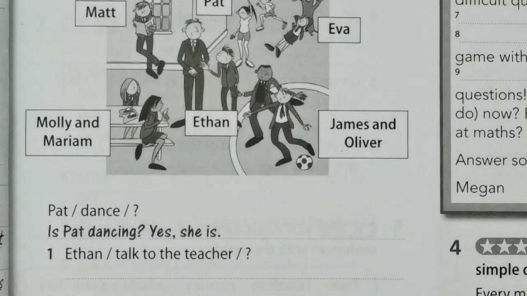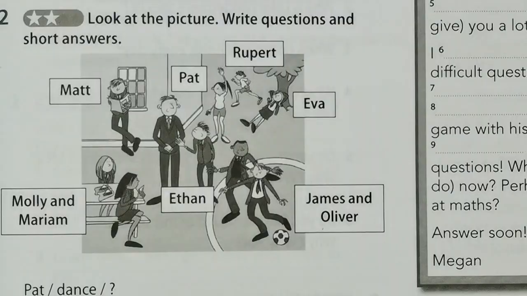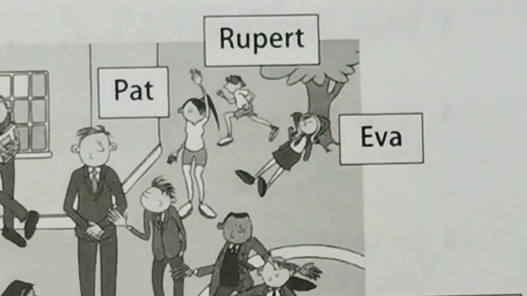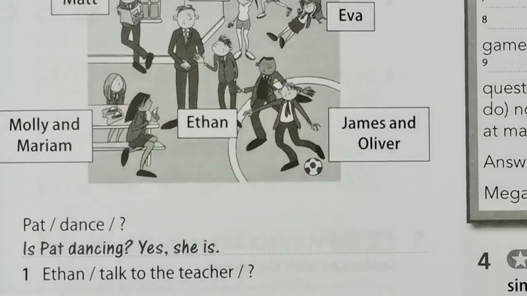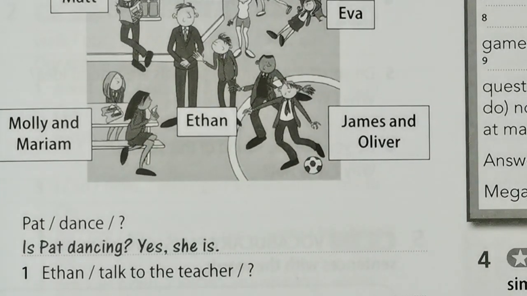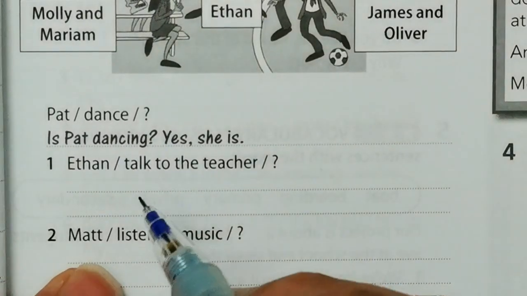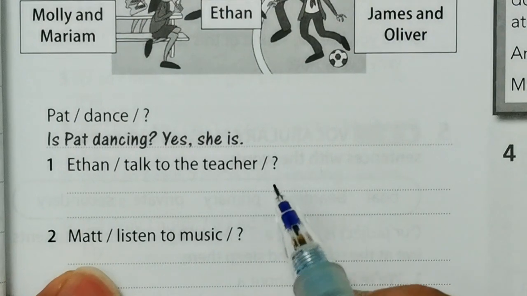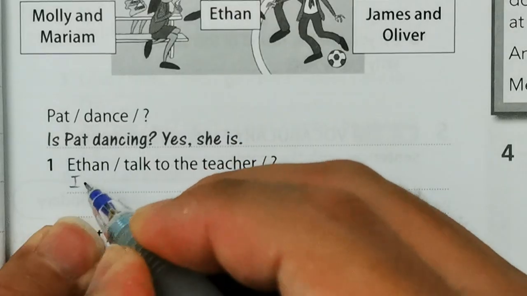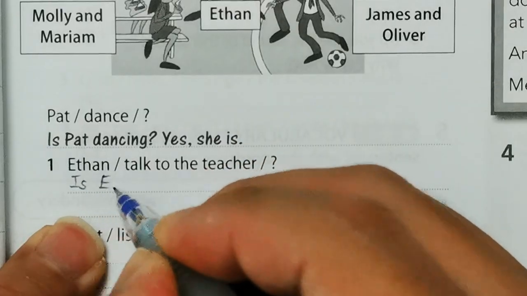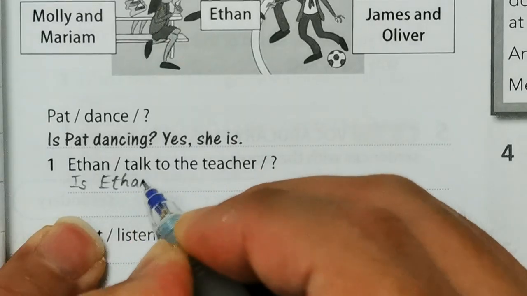So as you can see here in the picture, we have Pat dancing. So we have Pat here, and then this is an example. So we go to correction number 1. So Ethan talk to the teacher, and then correction mark. So you need to use the verb to be, is, and then is followed by the name Ethan, singular now.